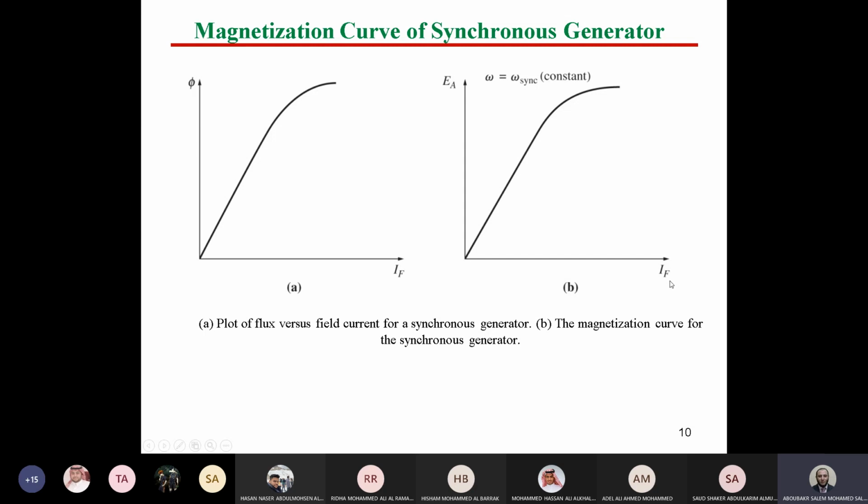So IF at a certain frequency will have the same shape as the magnetization curve of E. However, if you change the omega, you will have another curve. Okay, Shabab? Fine. So this is called the magnetization curve, and this is the relation between EMF and supplying currents.